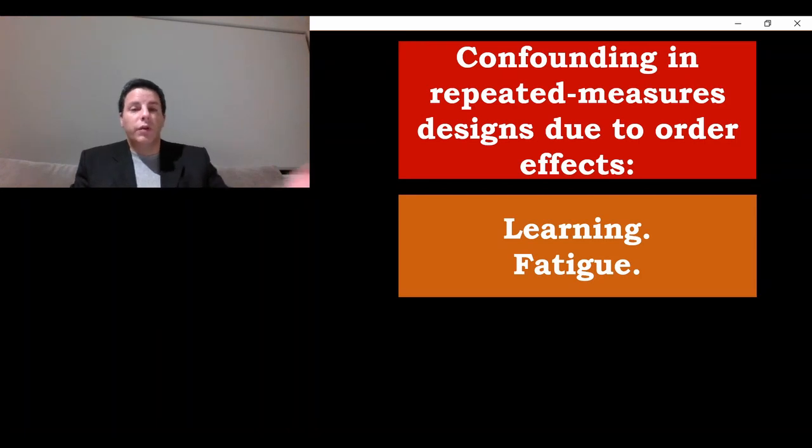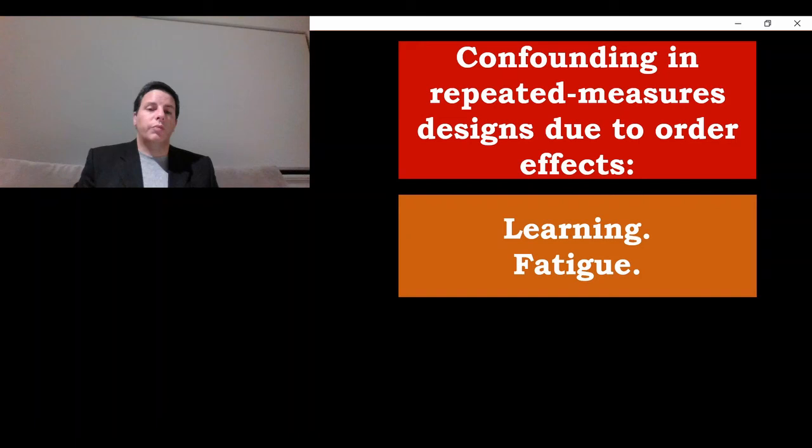So if we observe a decrease in performance in condition B compared to condition A, it may be because condition B is more difficult, but it may be because people got tired. So that is confounding. The variables fatigue and learning are confounders.